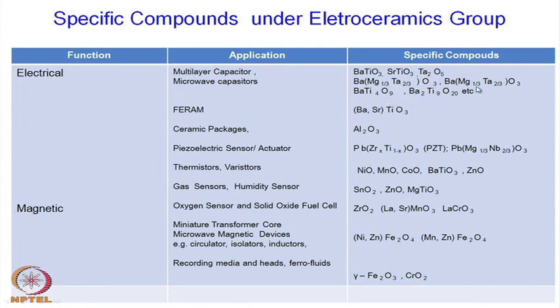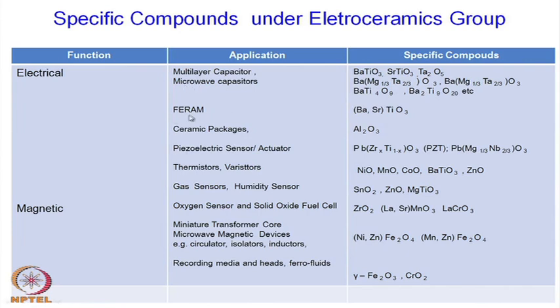I think there is a mistake, one should be titanium and another should be tantalum. In addition to that, you have barium titanium oxide, another stoichiometry. So, these are some of the materials of specific compositions, specific crystal structures and so on. Defect chemistry, all these things are important to give rise to microwave properties.